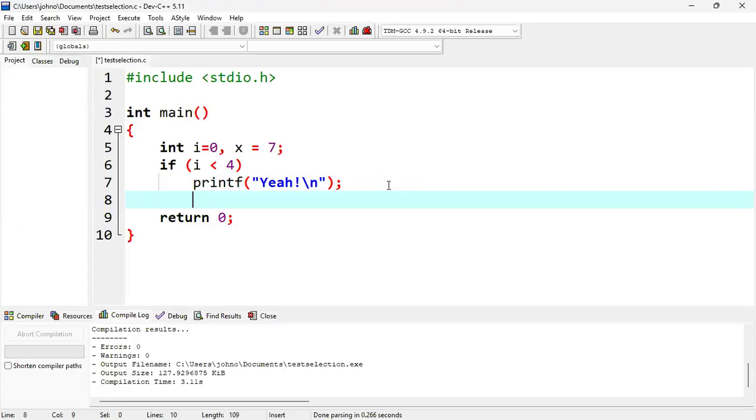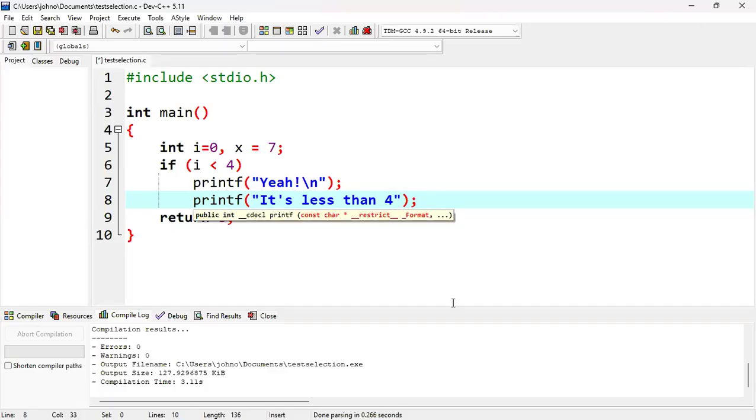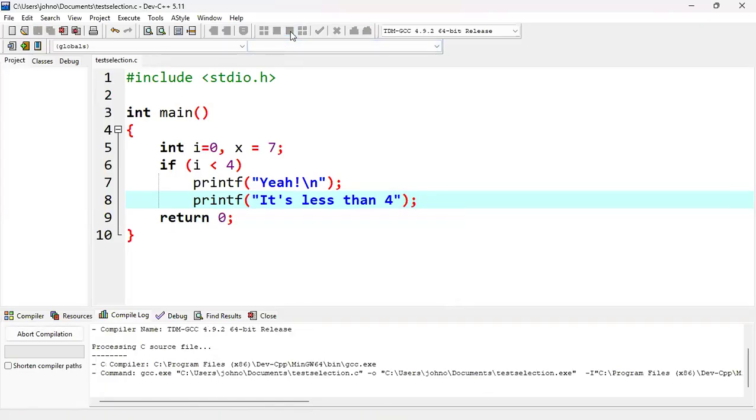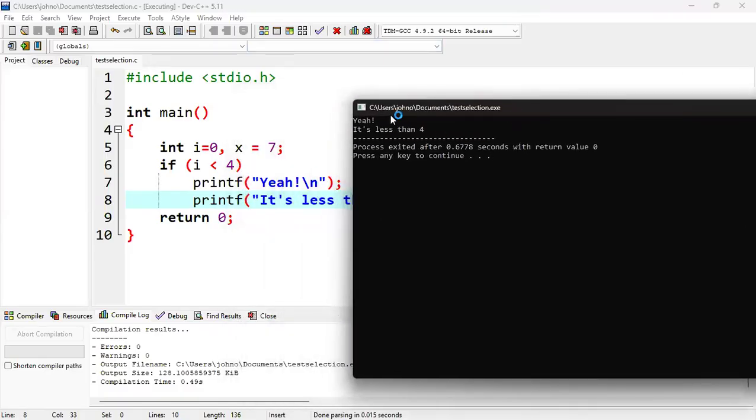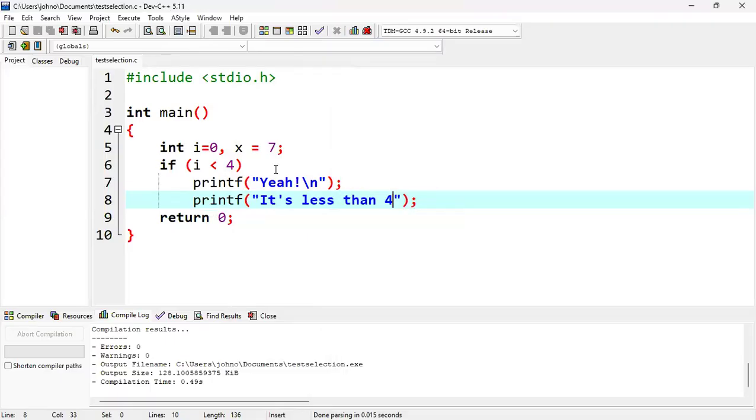So to solve this, we make use of compound statement. So let's try to expand it. Now, if we try to execute this, it gives us an expected result. It says, yeah, it's less than 4. But let's see some other thing.